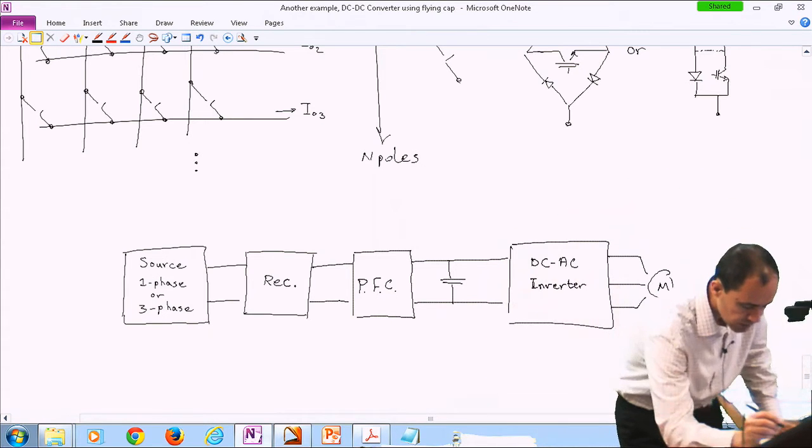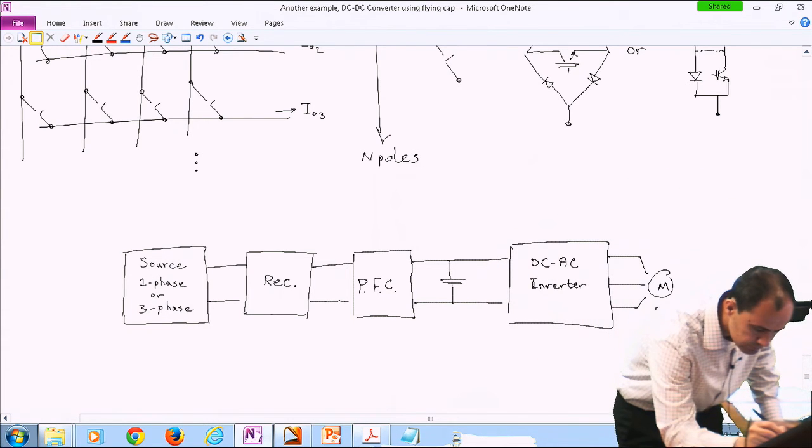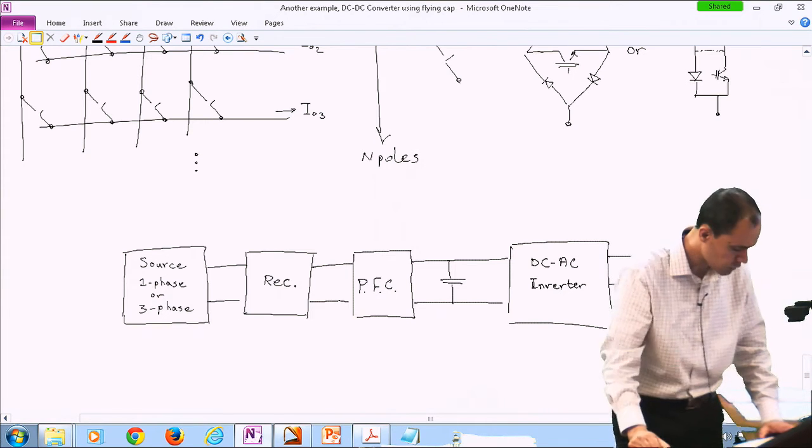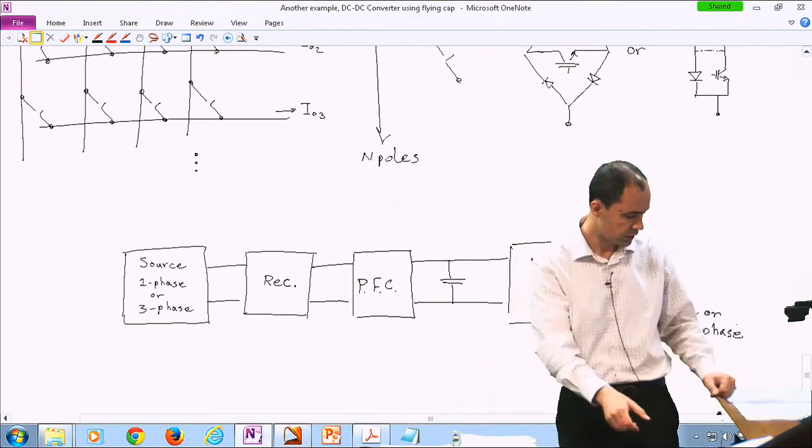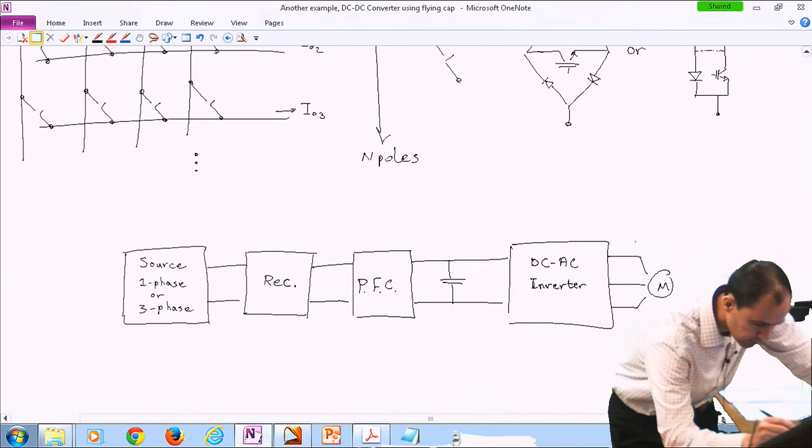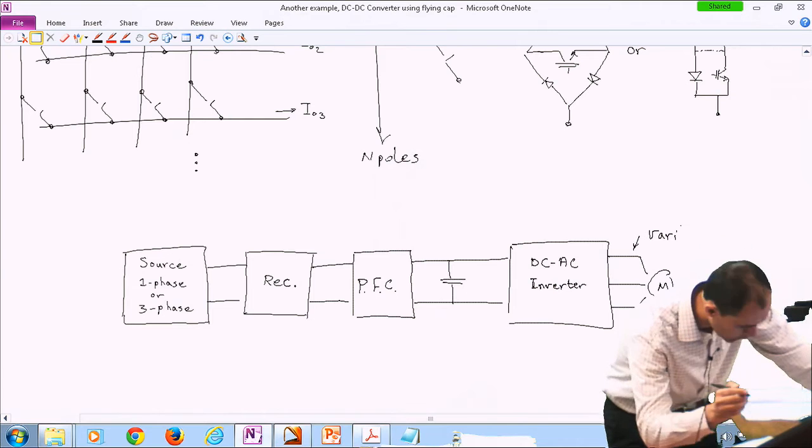So this could be single or 3-phase. As you can see, here we have a variable frequency basically, or maybe variable amplitude, or maybe both.